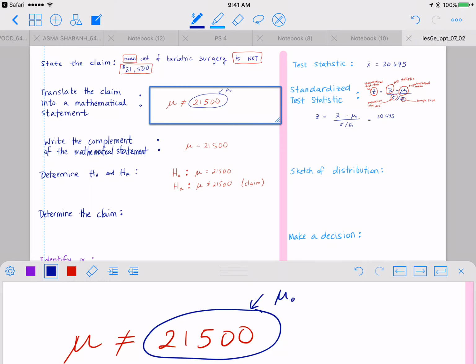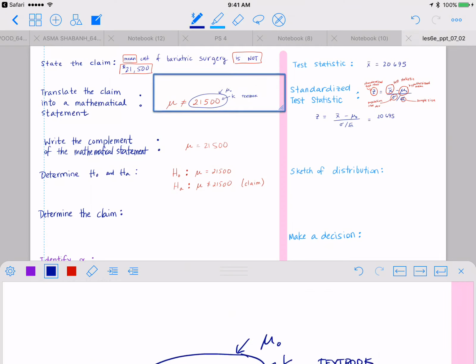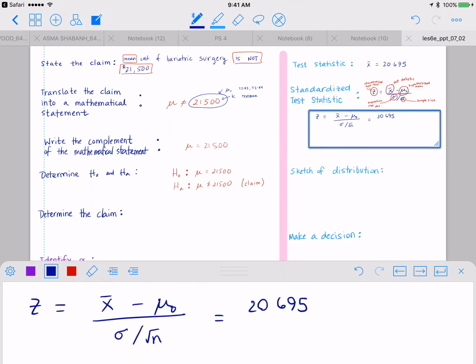This is mu naught. I think the calculator uses mu naught. The textbook uses K. So this is the textbook, which refers to the hypothesized value as K. And the calculator, the TI-83 and TI-84, will use mu sub naught.